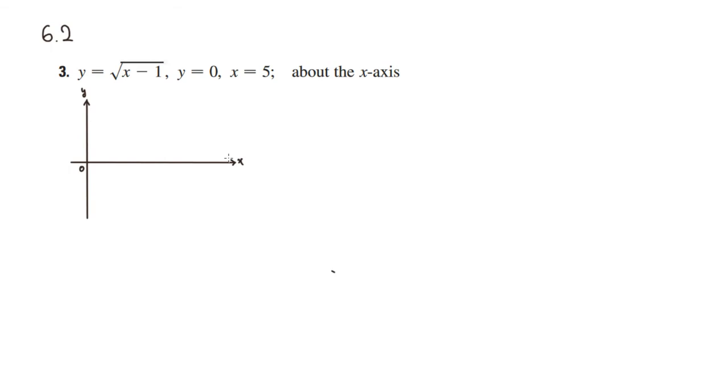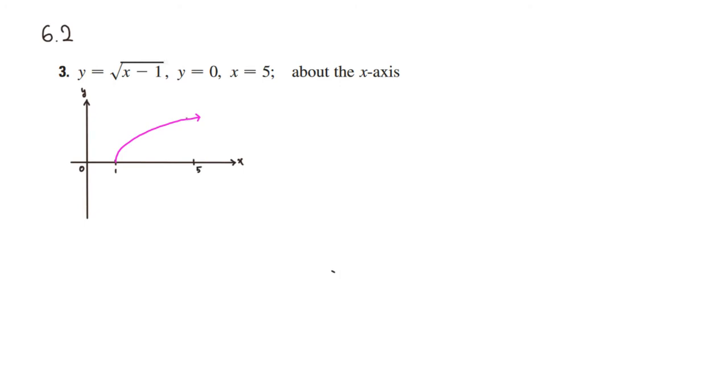Square root of x minus 1 is going to go through 1 here, and then it's going to look somewhat like this. So that's y equals square root of x minus 1, and y equals 0 is the x-axis. And x equals 5 is a vertical line at 5. So say this is 5.